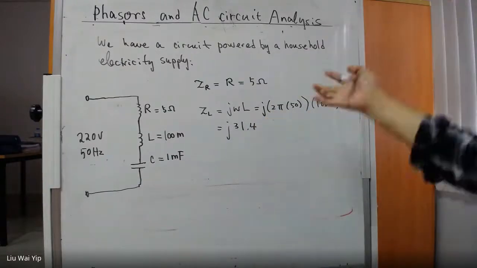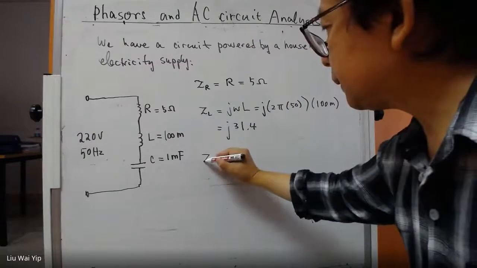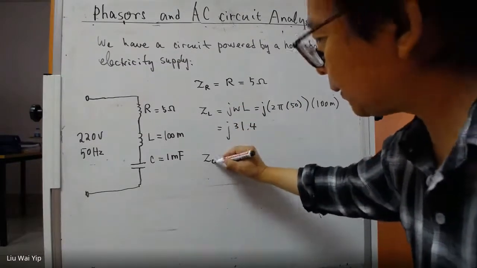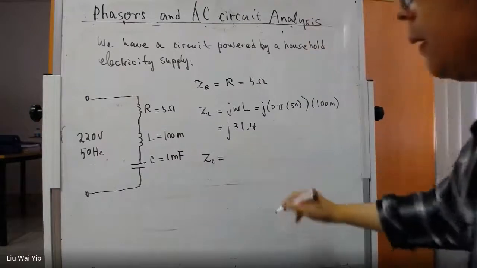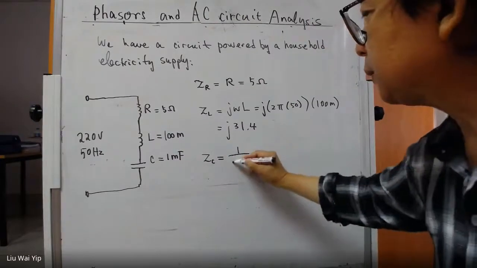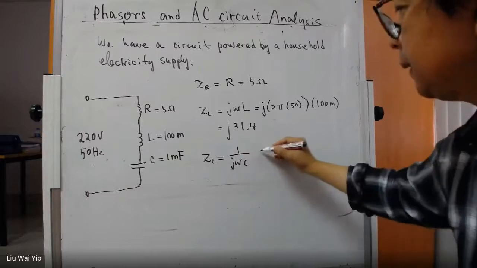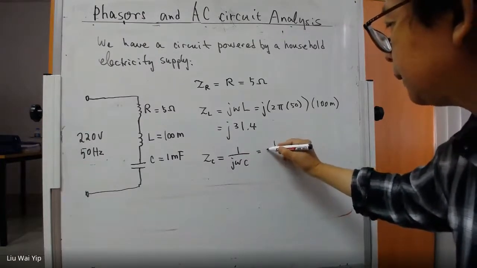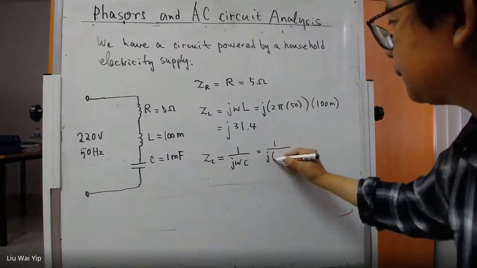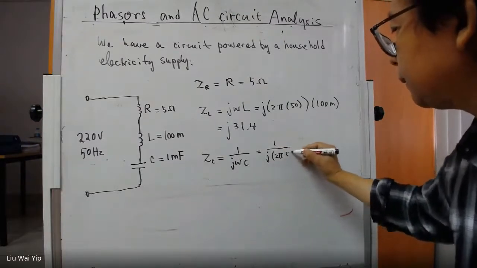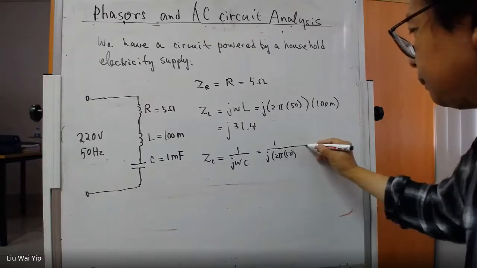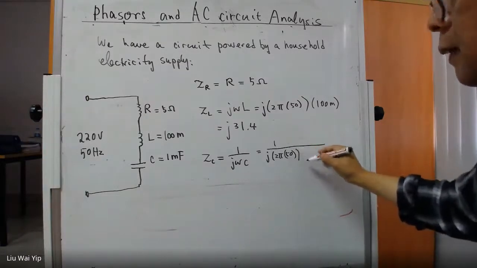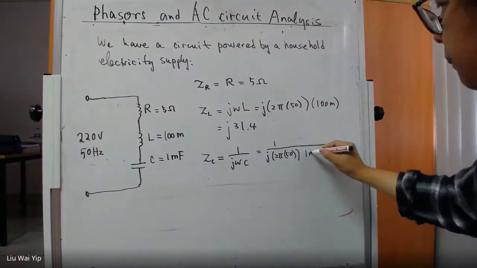And if you do it carefully for the capacitor, the capacitor impedance is going to be 1 over j omega C. You will end up with 1 over j 2 pi 50 times 1 millifarad.